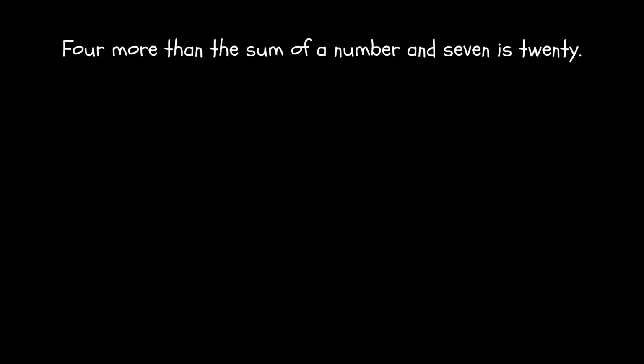4 more than the sum of a number and 7 is 20. Let's start by writing equals 20. "4 more than": you should know that this comes after the sum of a number and 7. So let's write here plus 4.